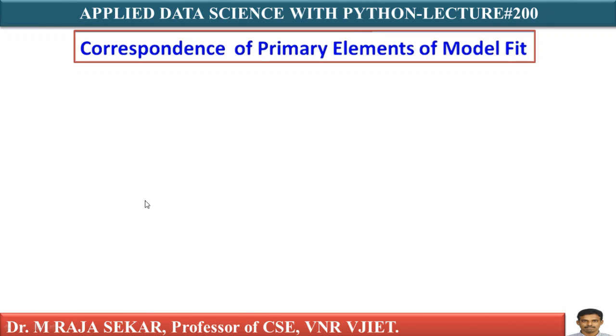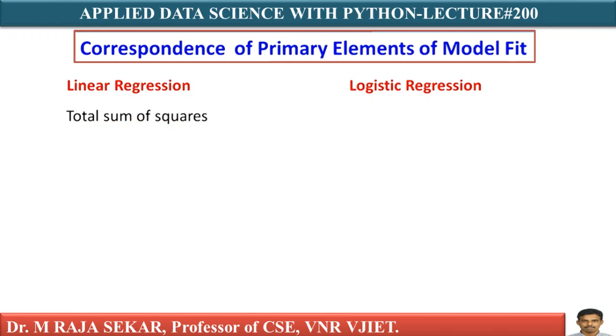Now the correspondence of primary elements of model fit between linear regression and logistic regression. We used to write total sum of squares. We discussed this particular concept in my previous lectures. This is SST, total sum of squares for linear regression.